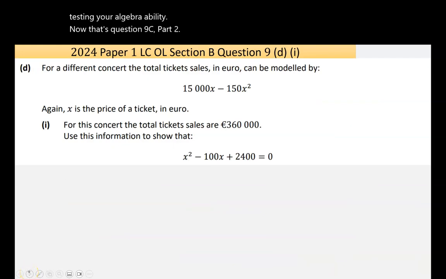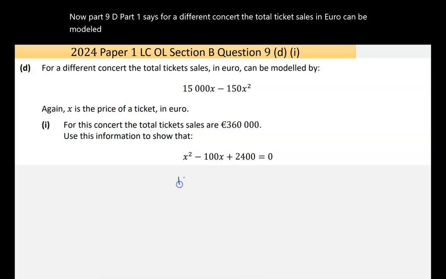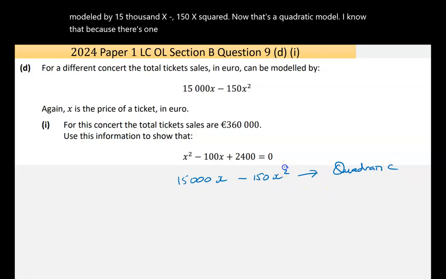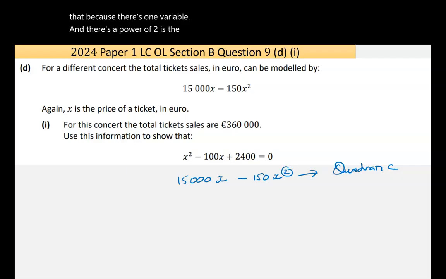Now part 9D part 1 says, for a different concert, the total ticket sales in euro can be modeled by 15,000x minus 150x squared. Now, that's a quadratic model. I know that because there's one variable and a power of 2 is the biggest power.